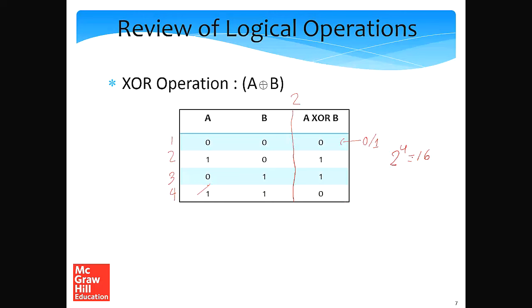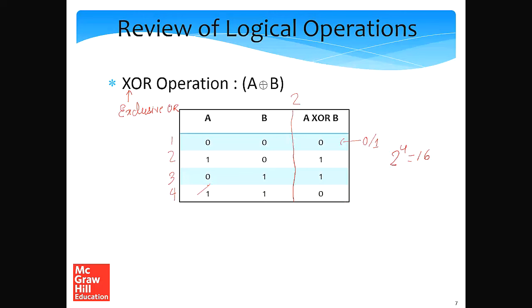So let's take a look at its properties. The XOR, that's how it is called. The X stands for exclusive OR. Exclusive OR basically means that it is true only when A is 1 and B is 0, or A is 0 and B is 1. In the rest of the cases, it is false.